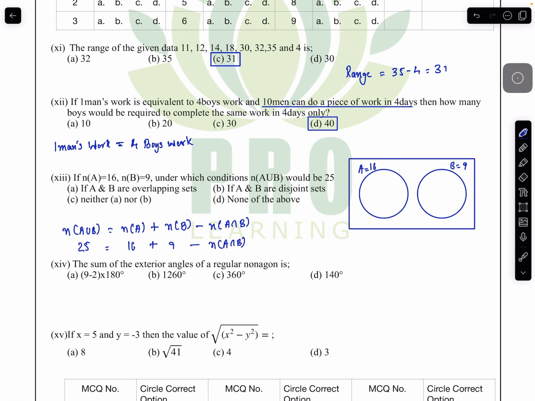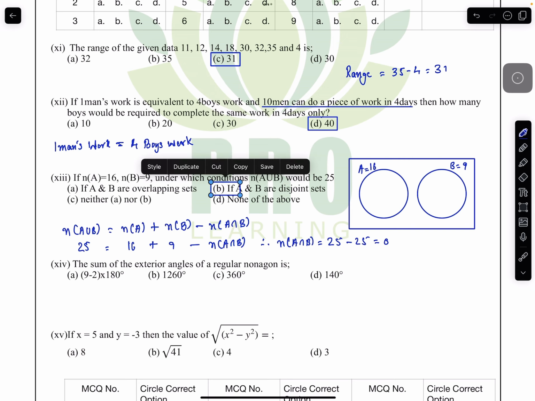If we move the A intersection B to the left, cardinal number of A intersection B would become 25 minus 25, which is 0. That means we are certain now that there's no intersection. These two sets are disjoint sets. This kind of possibility arises when there's nothing in common, if and only if A and B are disjoint sets.